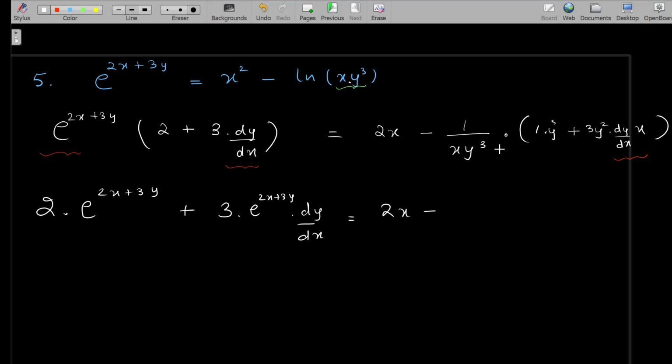When you distribute this, you see y cubed will get cancelled. So this will be 1 over x minus 3y squared, and when you multiply this by this, x will get cancelled, and this will be 3 over y times dy over dx.